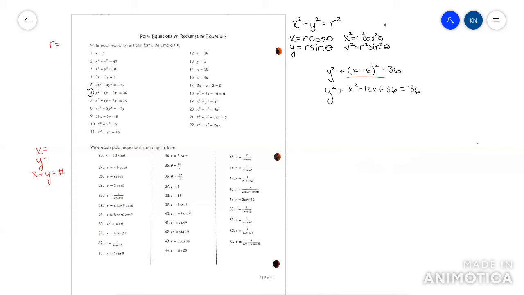Like that. And the reason you wanted to FOIL that out is because now you can use a rule change right here and call this r squared. So really you have r squared minus 12x plus 36 equals 36. And I'm going to go ahead and move this plus 36. So really it's going to be like this. Now, you still have an x or a y here. That's not okay. You have to do another rule change. So it's going to look like this.